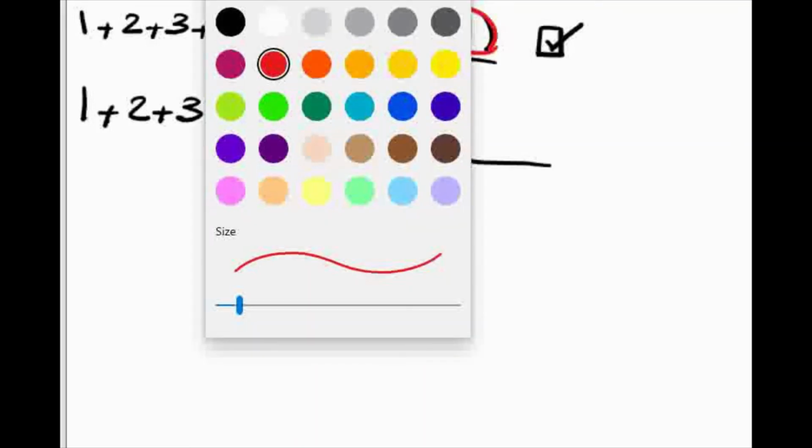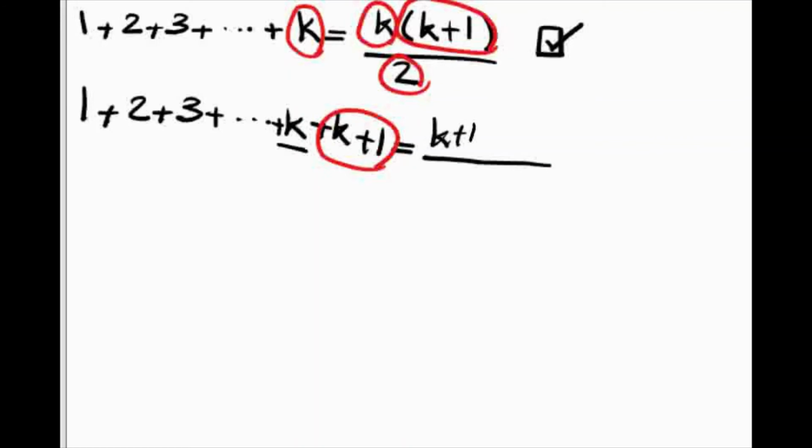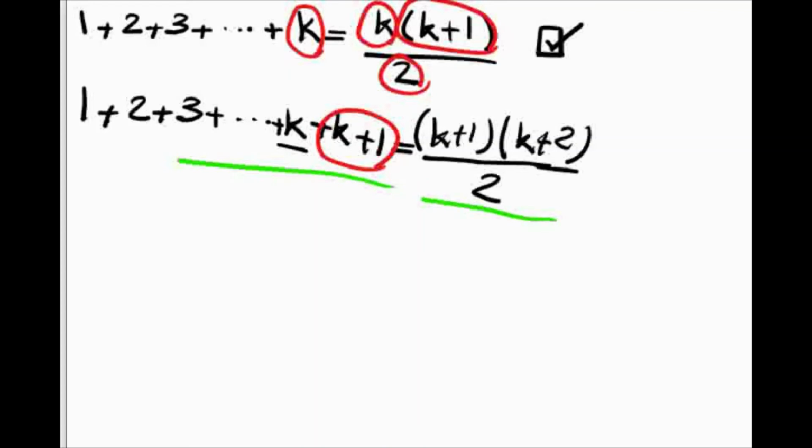So what I should write here is k plus 1 instead of k, multiplied by k plus 2, divided by 2. I want to prove that this is equal to this, that this formula works for whatever number of terms you're adding together.